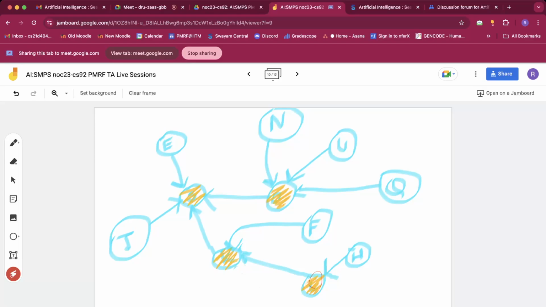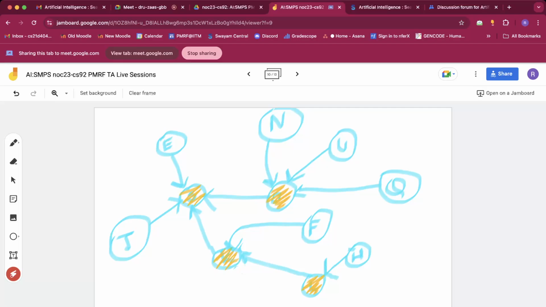Now we have to divide this closed list into 2 parts, boundary and kernel, right? And as per the definition, the boundary consists of all those closed list nodes that have at least one connection to one of the nodes in the open list, and kernel consists of those closed nodes all of whose neighbors are also in the closed list.